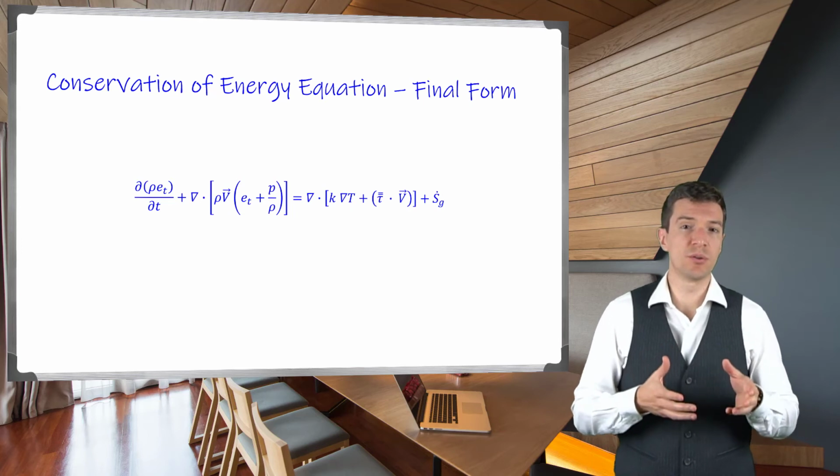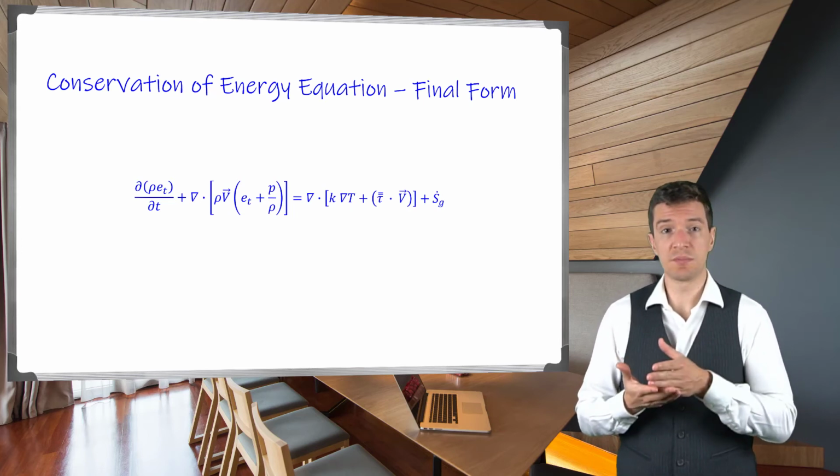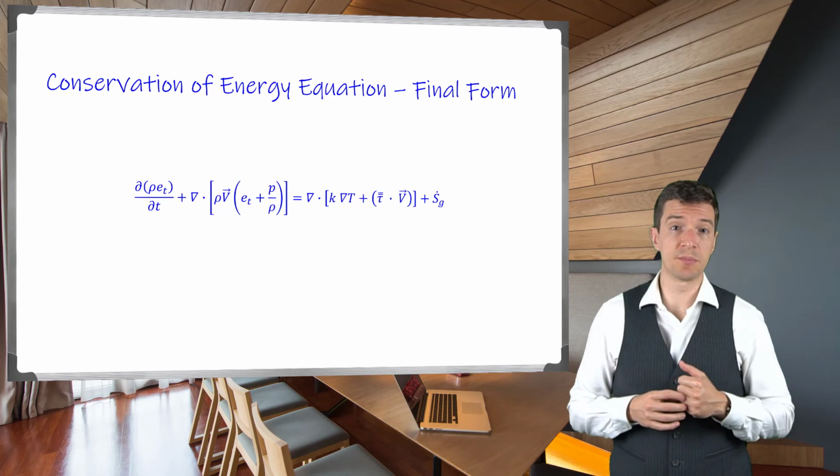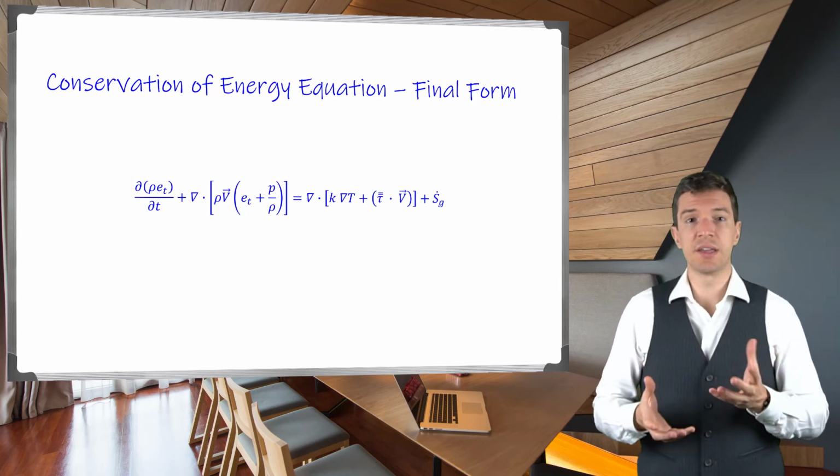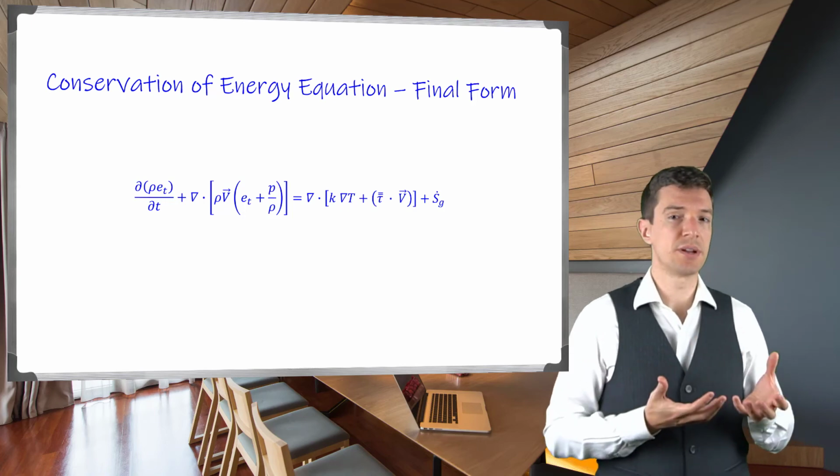For low-speed flows, the total energy per unit mass can be directly related to temperature, so the energy equation can be recast into an equation just for temperature. The set of equations that we derived so far, with the addition of an equation of state and suitable initial and boundary conditions, will allow us to model an entire flow field and solve for the unknown flow variables.